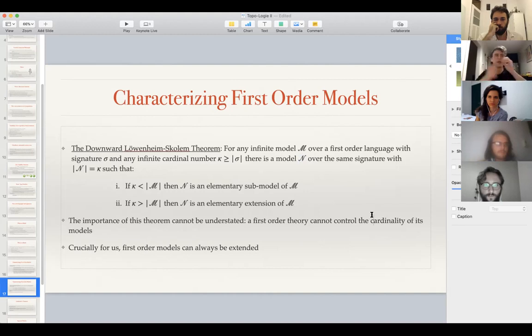So what it means is that first order theories cannot control the size of their infinities, no matter what. You can't limit the size of the infinity of a model of a first order theory. It says, for any cardinal number, so it's a big theorem. The compactness is pretty strong, but this is arguably more profound.